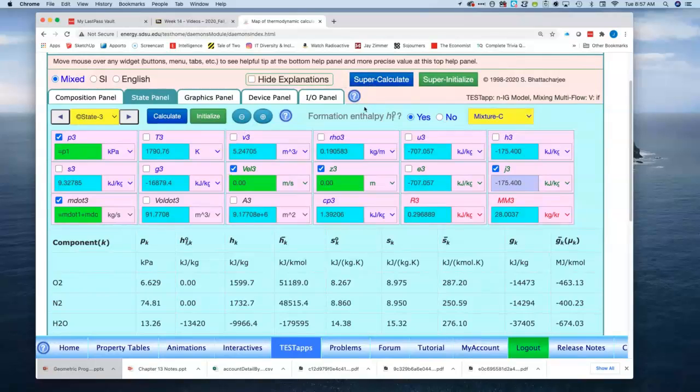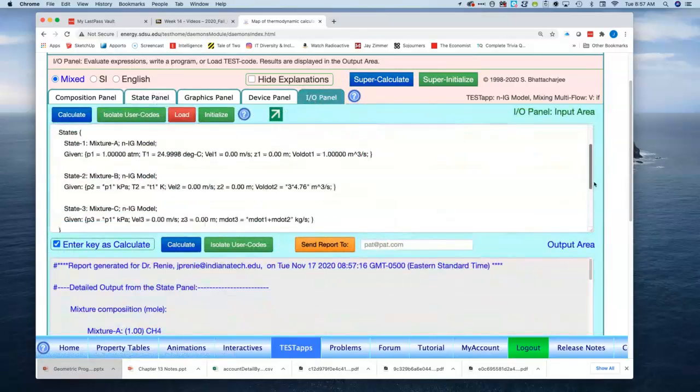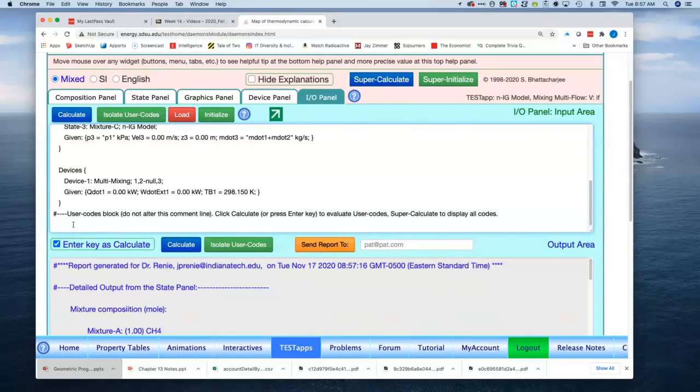Okay, now to prove that, I'm going to go to my I/O panel, and I'm going to calculate an H reactants. And I'm going to say H reactants is m dot 1, which is mixture A, times the enthalpy of mixture A, which is H1.